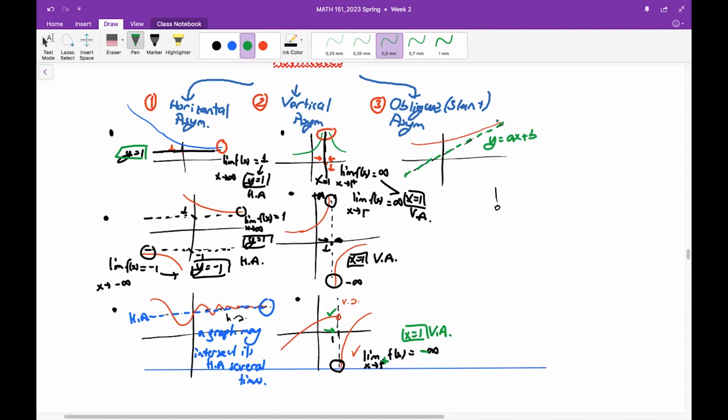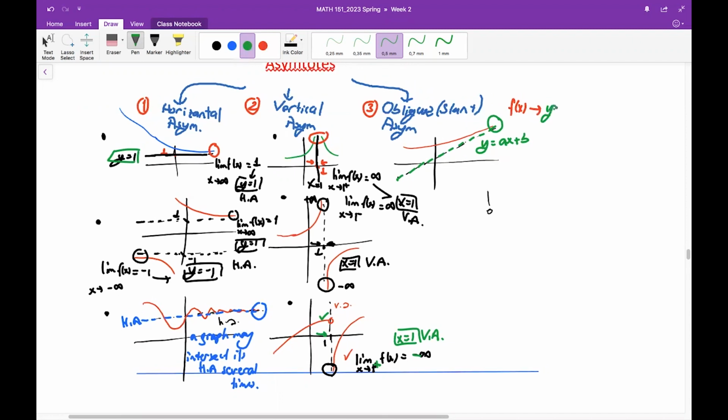Any line like that, any general line. And as you see over here, your function, the red graph, approaches our oblique asymptote, the y equals ax plus b line, as x goes to infinity. Is this correct? You see, the red part gets really close to this green line as x goes to infinity. So they behave like the same around infinity. For such cases, you call this line the oblique asymptote.